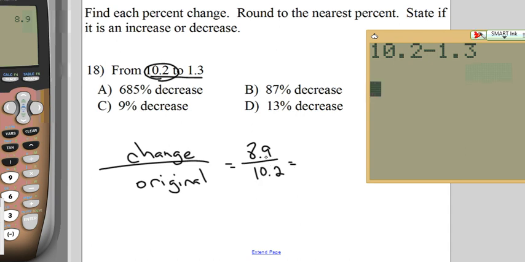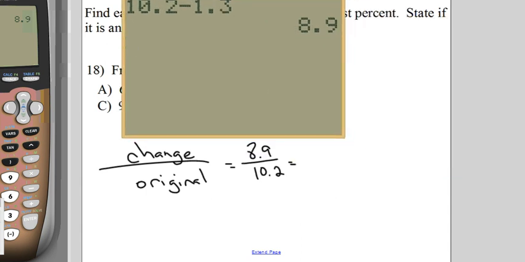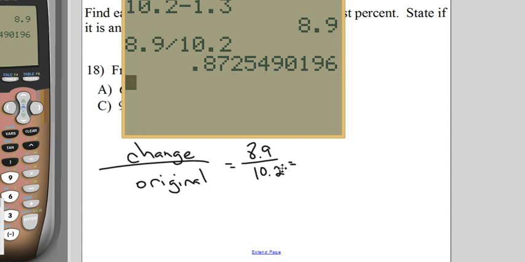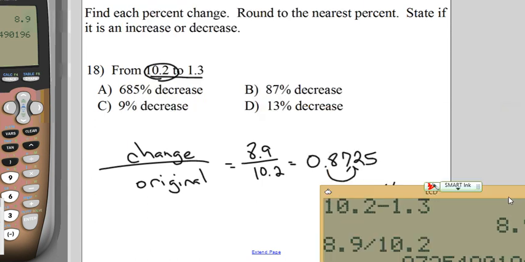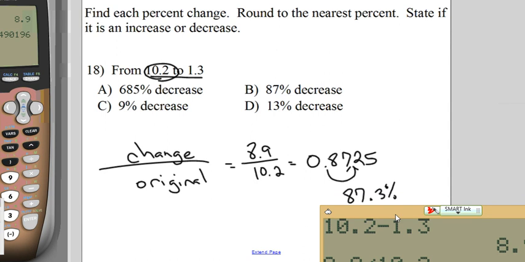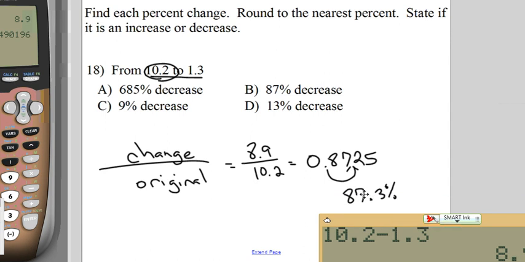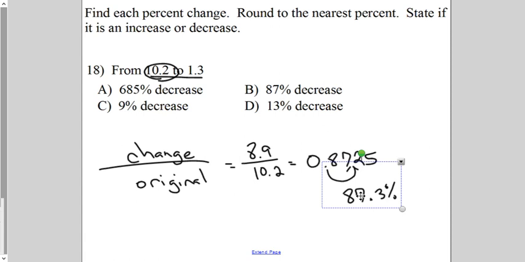And now you literally just say, hey, 8.9 divided by 10.2. Now you get this nice decimal right here. You don't need all of these because we want a percent. So now we're just going to slide it over 2 spots and it becomes 87.3%. However, the directions want you to round to the nearest percent. So basically that 3 is going to keep this as a 7. It's an 87% decrease.